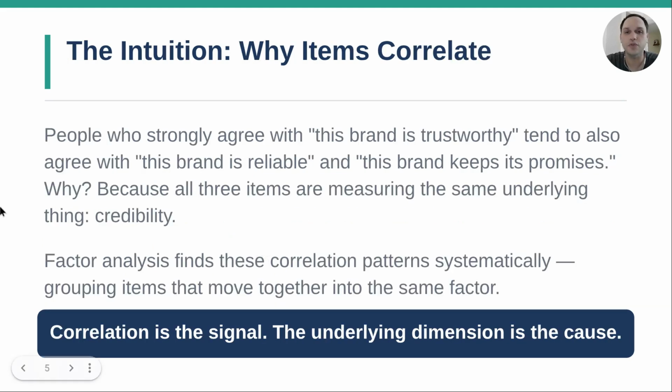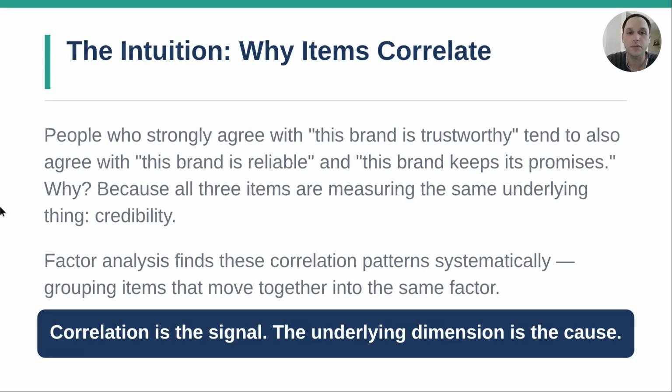Let's make the intuition concrete. Imagine a consumer who thinks Oatwave is a trustworthy brand. When they fill out the survey, they'll strongly agree with "this brand is trustworthy." They'll also strongly agree with "this brand is reliable," because reliability is part of what trustworthiness means to them. And they'll agree with "this brand keeps its promises," for the same reason.